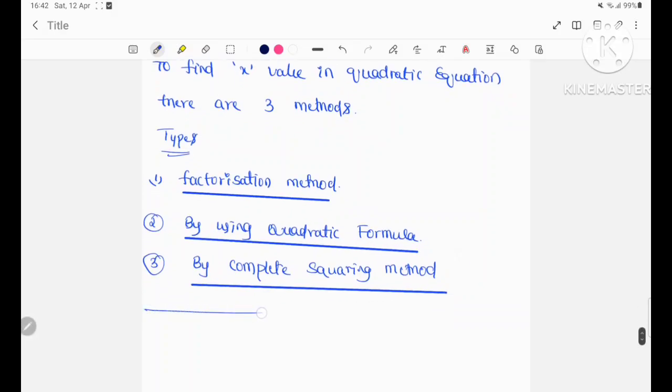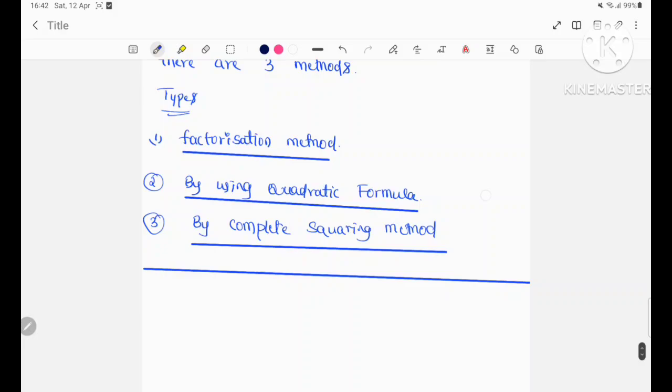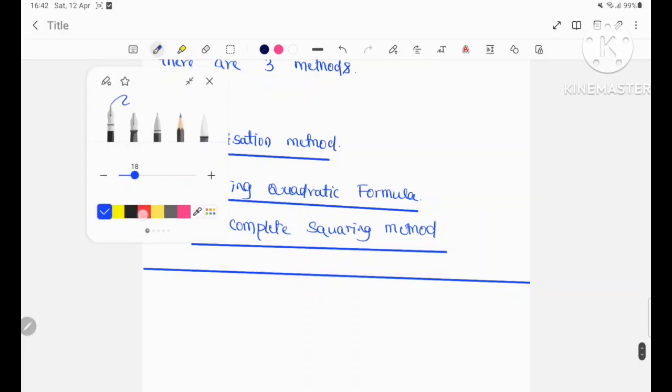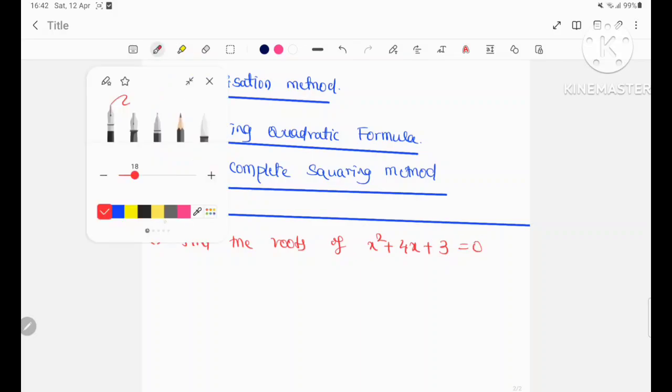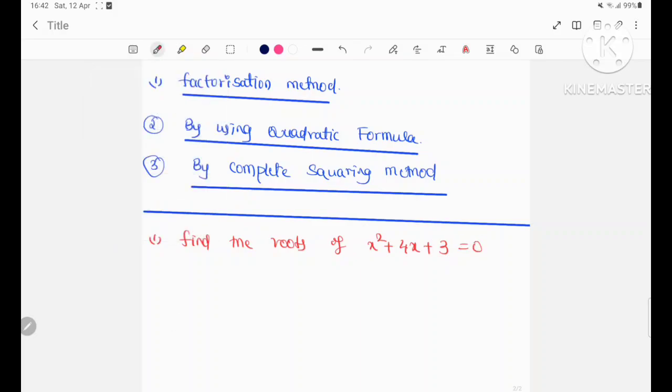So let me take one example sum. First one: find the roots of x square plus 4x plus 3 equal to 0 by using the factorization method.